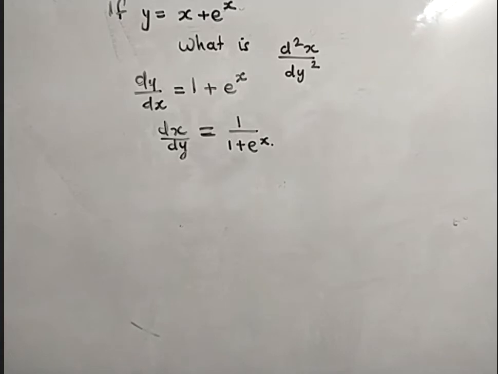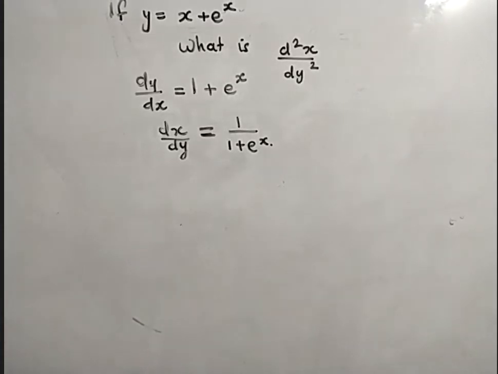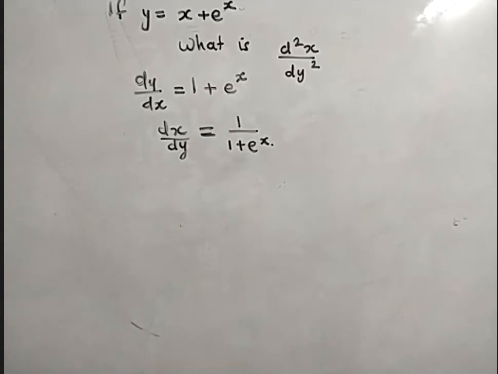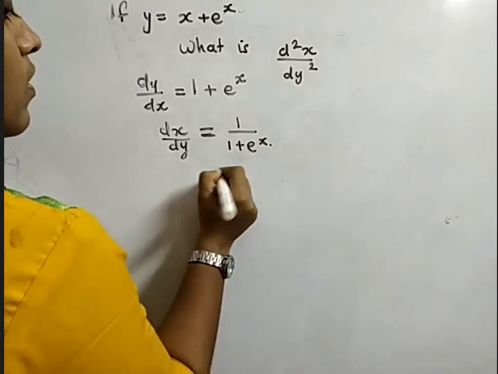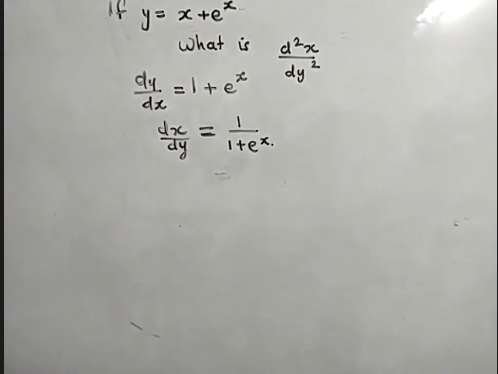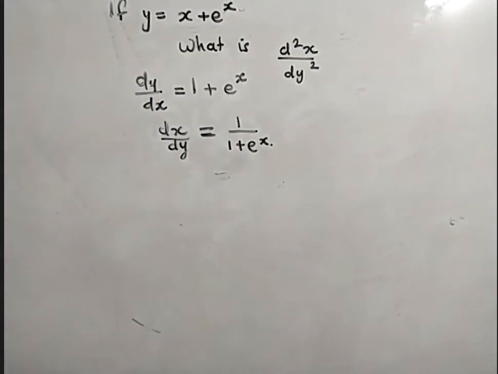Now we will take denominator into derivative of the numerator. Here it is the quotient rule now.